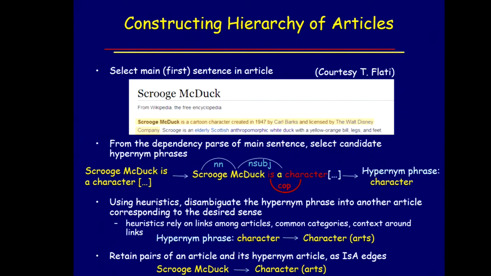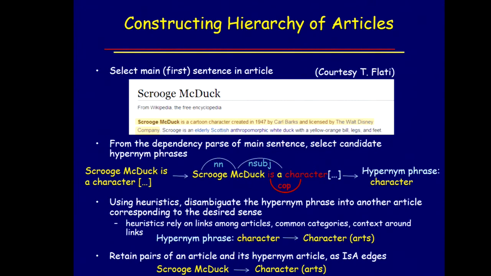This particular article, Scrooge McDuck, may not have any link for character. In the first sentence, you have "is a cartoon character." Character may or may not be hyperlinked, right? We know that in Wikipedia, often you have hyperlinks from one article to another article. You have a phrase that's hyperlinked and the link goes into another Wikipedia article.